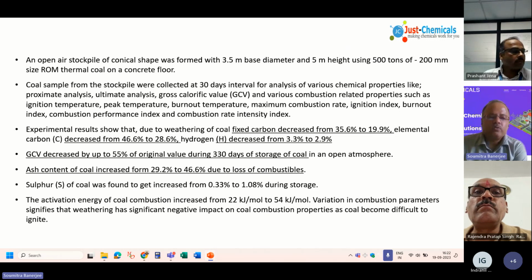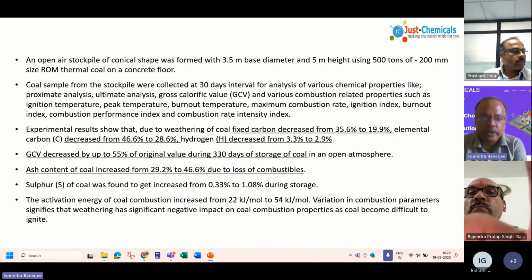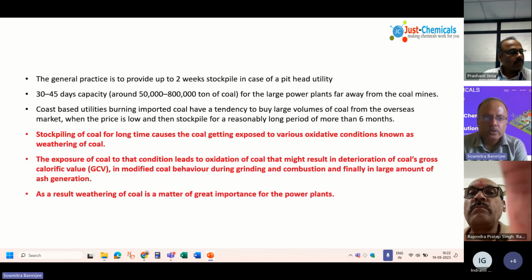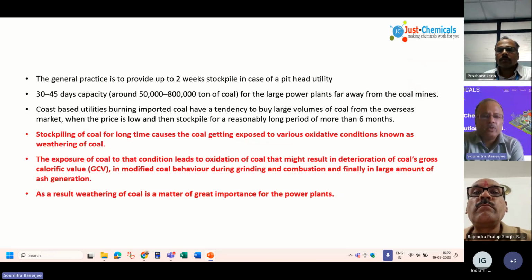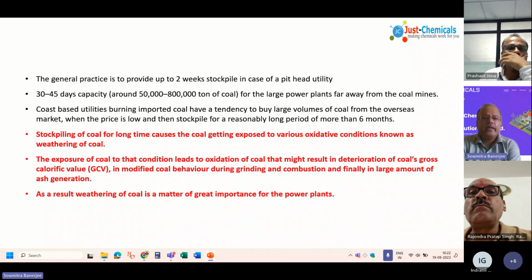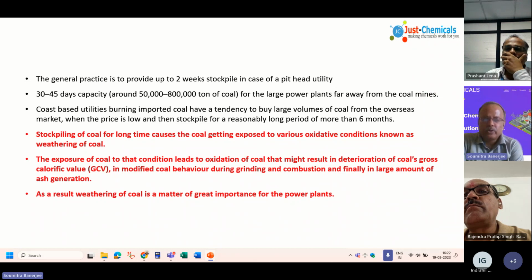So you have lost a lot of things during the storage. The general practice is to provide up to 2 weeks stockpile in case of a pithead utility, and 30 to 45 days capacity, or 50,000 to 800,000 tons of coal, for large power plants, because they need 20,000 tons of coal every day.